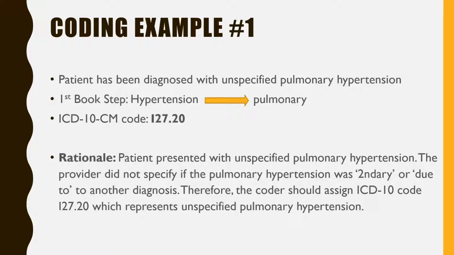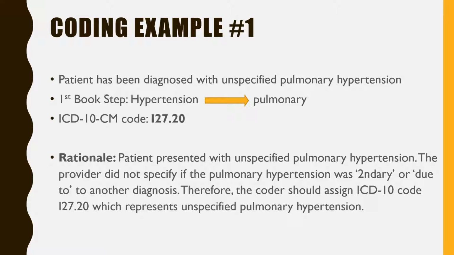In our first coding example, our patient has been diagnosed with unspecified pulmonary hypertension. So in our first book step, we're going to locate our main term, which is represented by the term hypertension. And then we're going to drill down to pulmonary, which again describes the type of hypertension. And our ICD-10-CM code should be I27.20.